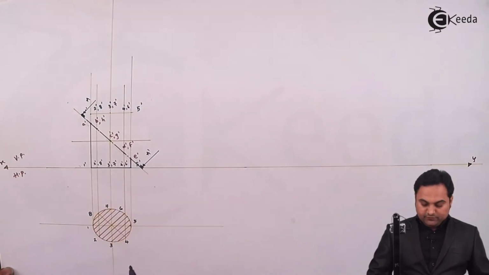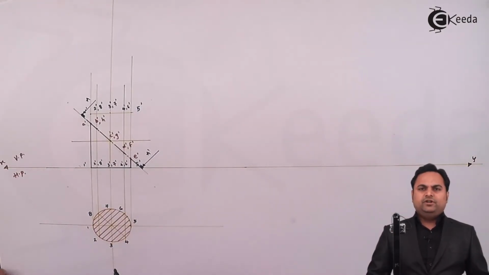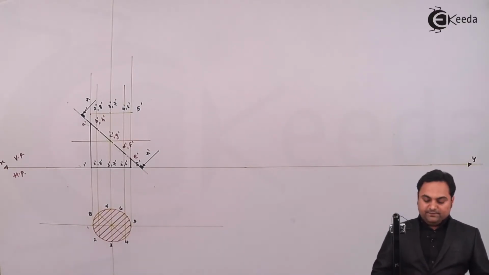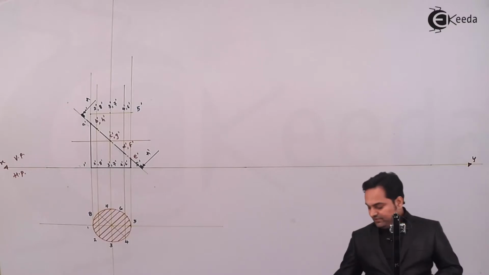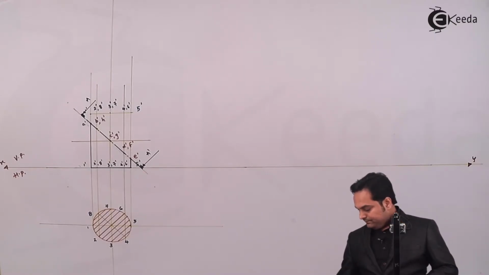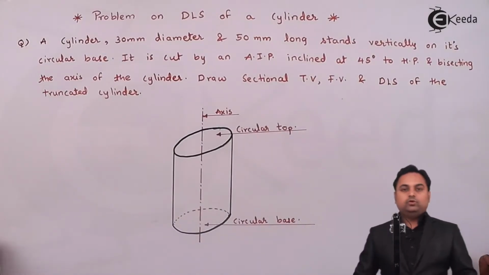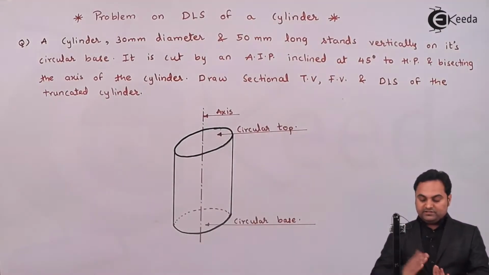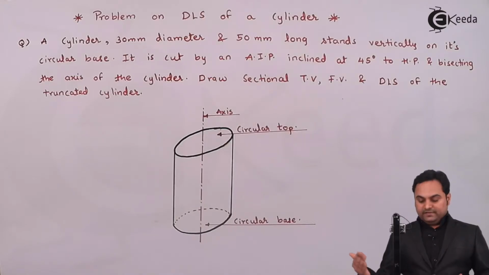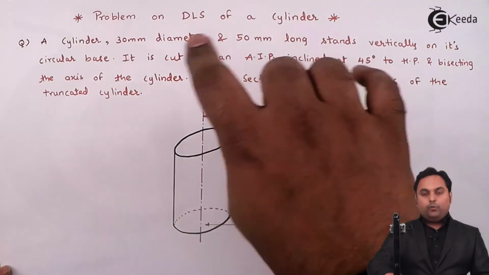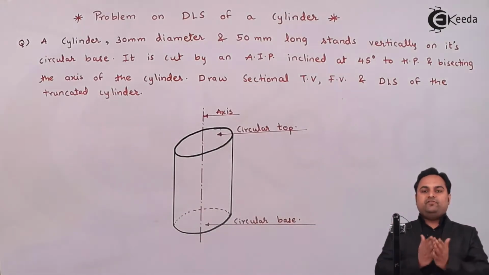After completing the front view and sectional top view, in the question it is mentioned we have to even draw the DLS, that is development of lateral surface, for this cylinder. And for that purpose, when we want to draw the development, we have to open this cylinder in such a way that this complete cylinder, when it is opened, will be in the form of a sheet.